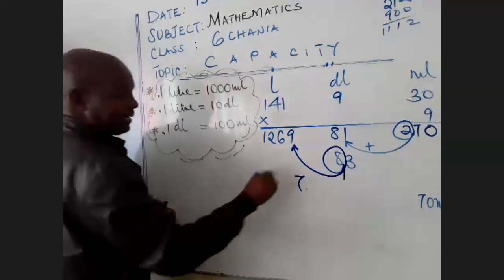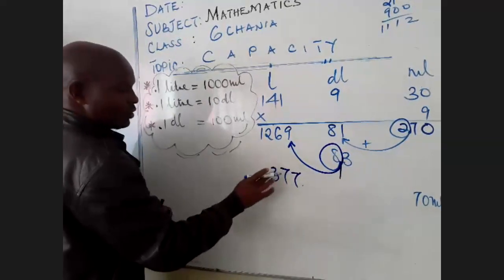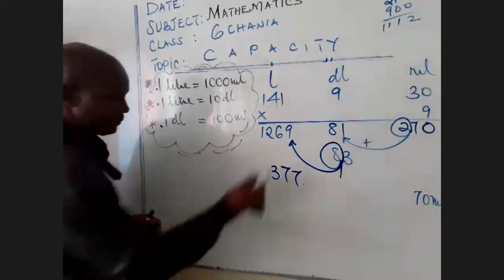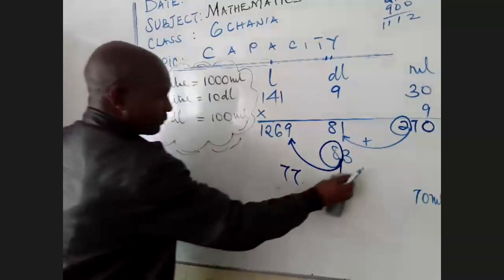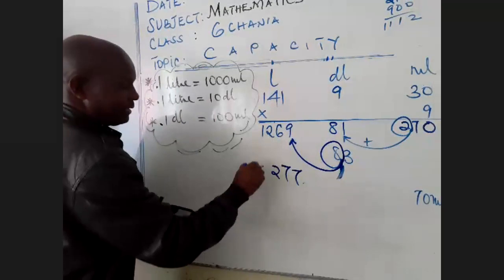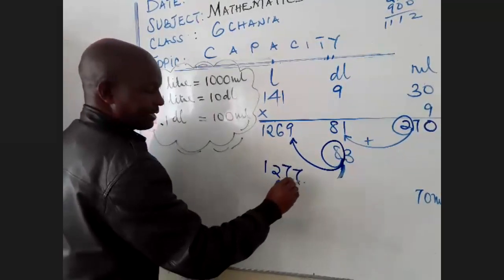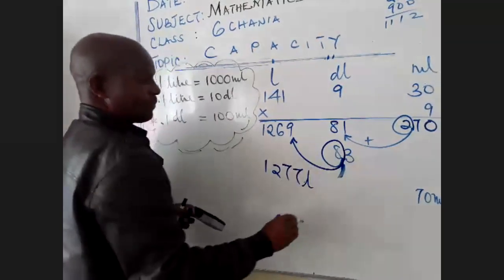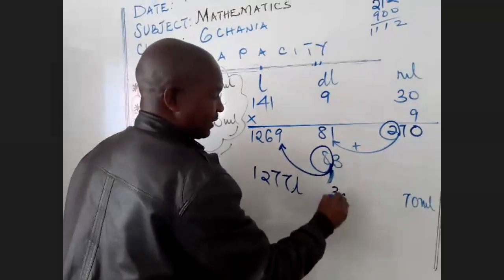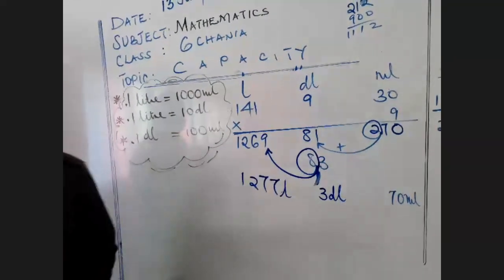Carry 1. 7. 3. 2. That is 2 and 1. So 1,277 liters, 3 deciliters, and 70 milliliters.